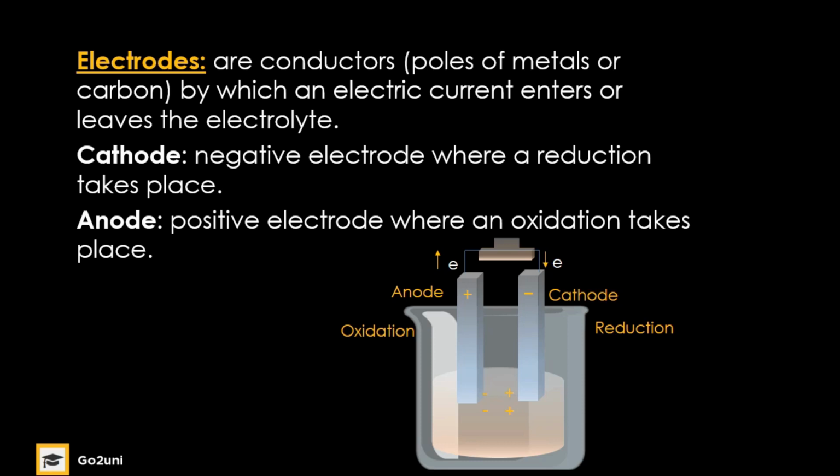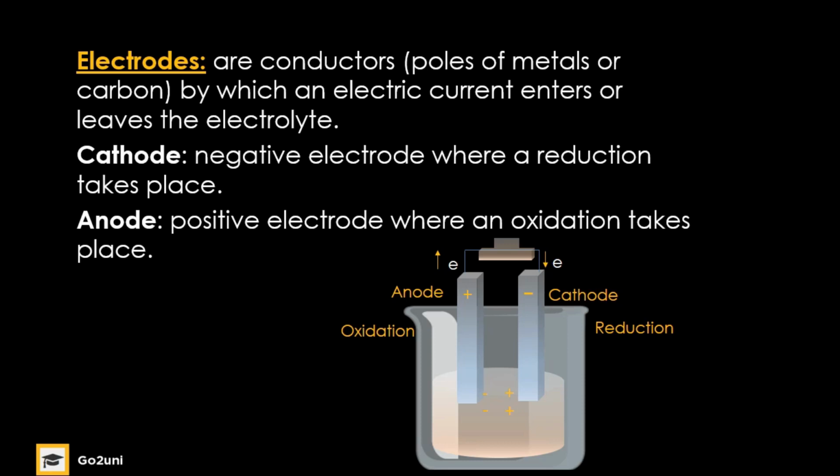And the loss of electrons is called oxidation. So that is why we say that oxidation takes place at the anode in electrolysis, but reduction takes place at the cathode, because at the cathode electrons are being received. So these are the simple features of an electrolytic cell, and we have also seen the definition of electrolysis.